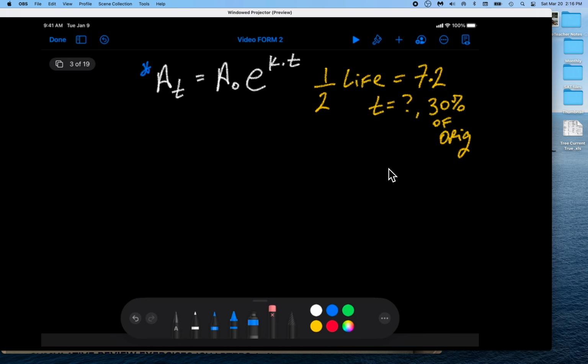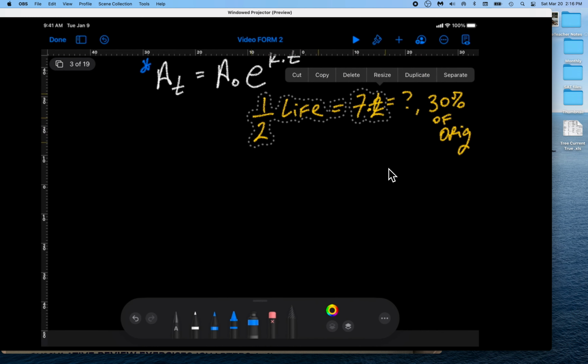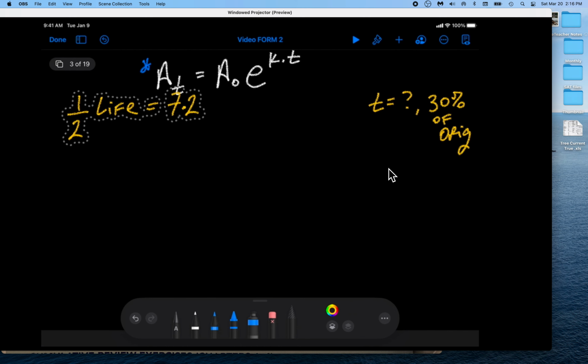Now, it's important to recognize the power and the value of this one innocent-looking statement. Half-life is 7.2. Just like a few problems back, we talked about the doubling time. I can't remember what the other problem we did earlier in this video, but it had to do with doubling.